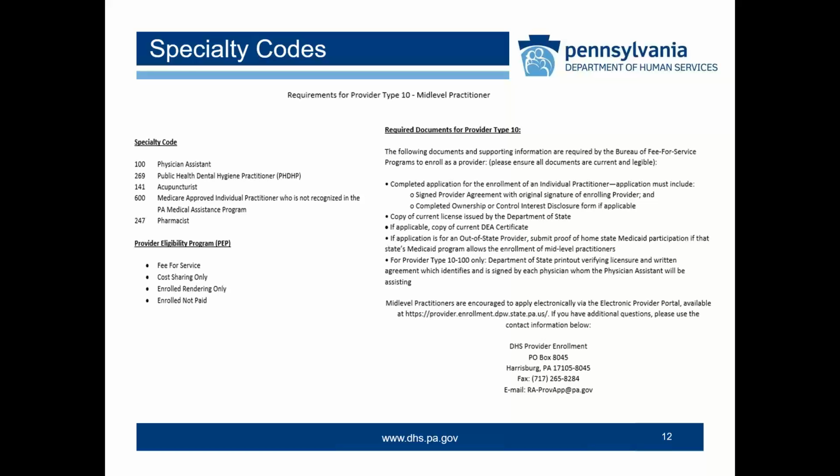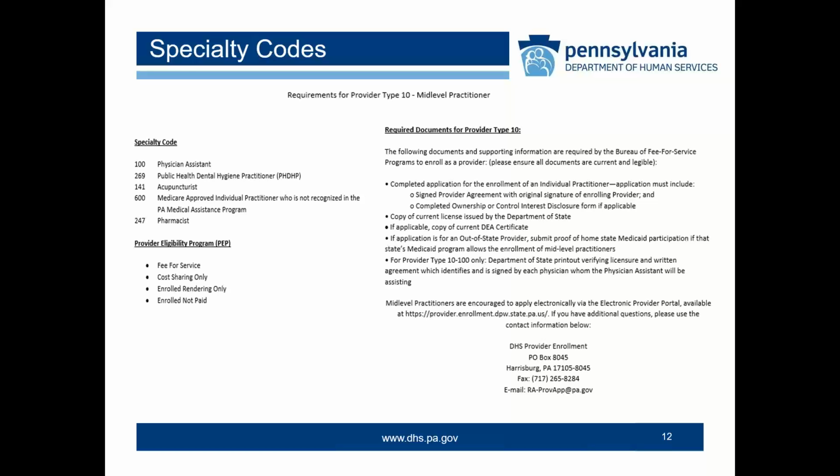You will also see the provider eligibility program, which we consider the PEP, and you can choose which PEP for your application. Fee for service, which means you would like to have PA Medicaid pay you directly, or you would choose enrolled rendering only and enrolled not paid.